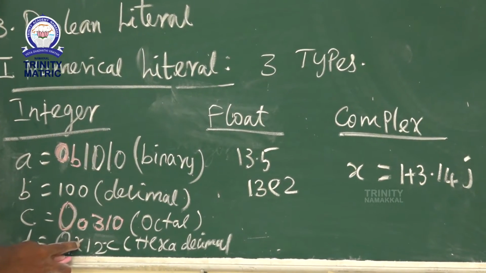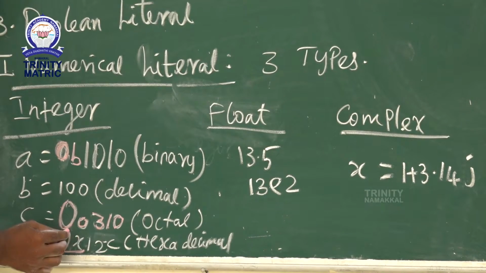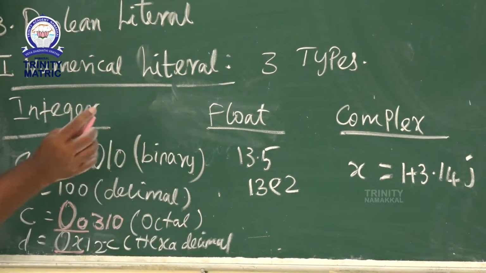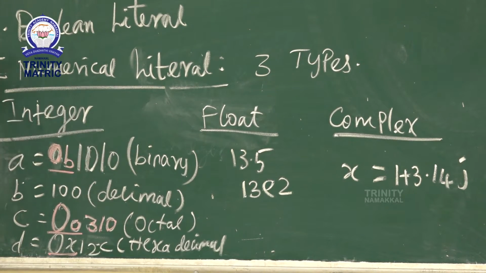Prefixing with 0x is for hexadecimal, prefixing 0o for octal, and prefixing 0b for binary integers.